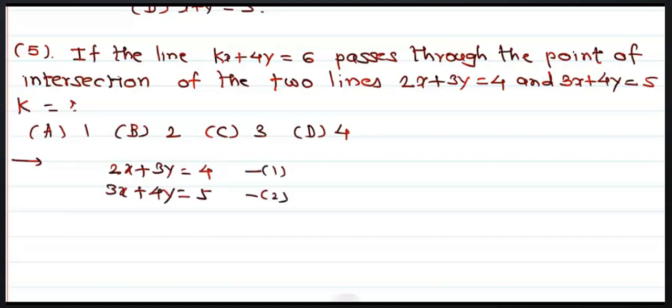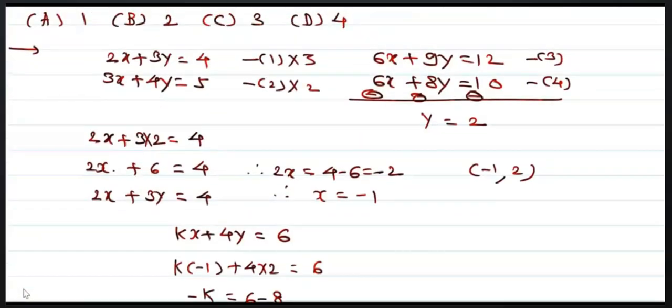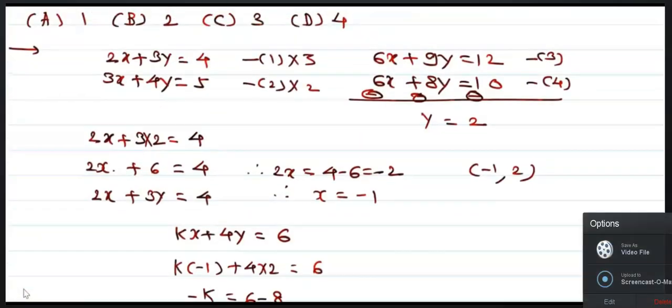Now we'll solve these two equations. Multiply. It is very easy; you have all solved this type of equation in 10th standard. You will get 6x plus 9y is equal to 12, where we have multiplied by 3. Here we multiply by 2. You will get 6x plus 8y is equal to 10. Subtracting, y is equal to 2.